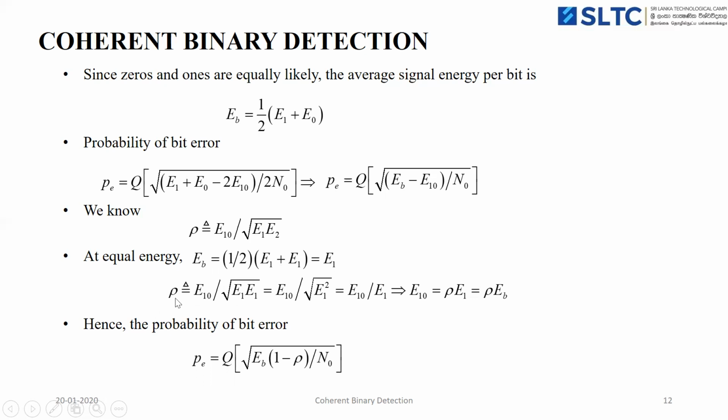Now we can simplify the correlation coefficient: rho equals E10 by square root of E1 squared, so E10 by E1. From that, E10 equals rho E1, or rho Eb. So E10 is replaced by rho into Eb, and Eb is taken outside as common. Finally we get the simplified expression for probability of error: PE equal to Q of square root of Eb into (1 minus rho) by N0.